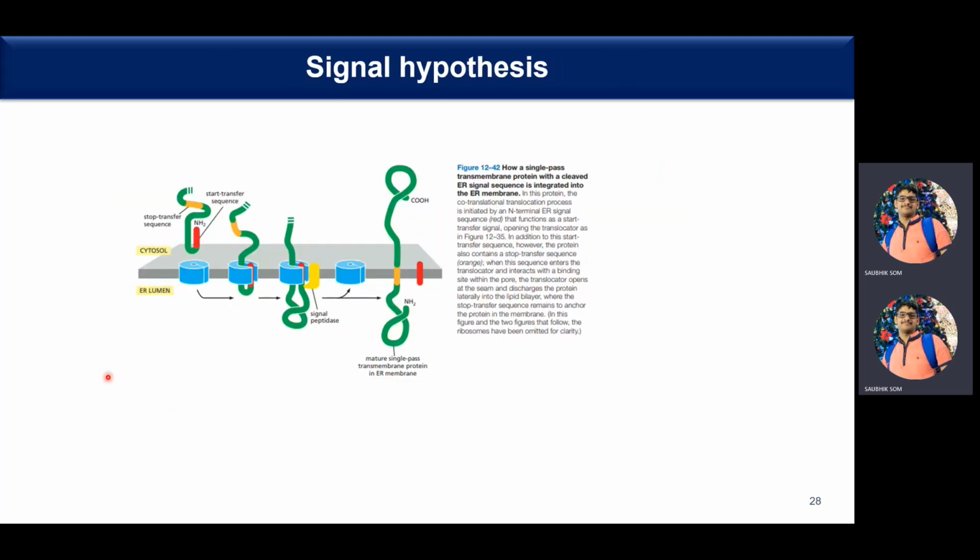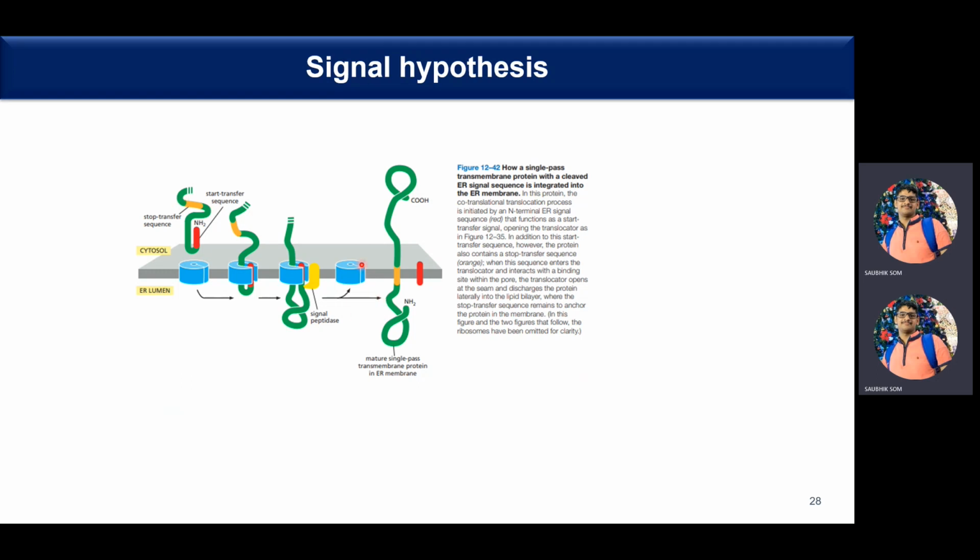There are several types of signal proteins. There can be the ER transmembrane proteins, or something like chaperones, mainly the membrane-bound ones. How do they go in? As you can see, they have an N-terminal signal sequence and a hydrophobic transfer sequence.